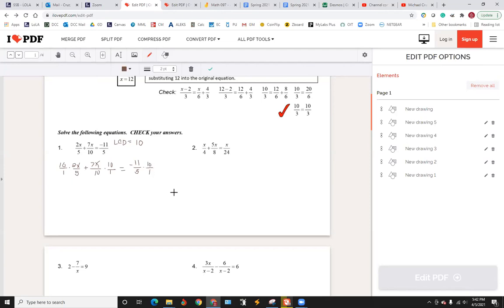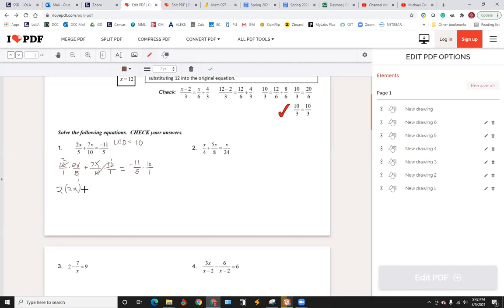The 10 over 1 is more of a formality, just to make sure that we line up the numerator with the numerator. Okay, here, 5 goes into 10 twice and into itself once. So we're left with 2 times 2x. Here, the 10s go away completely. Those are just 1 there and 1 there.